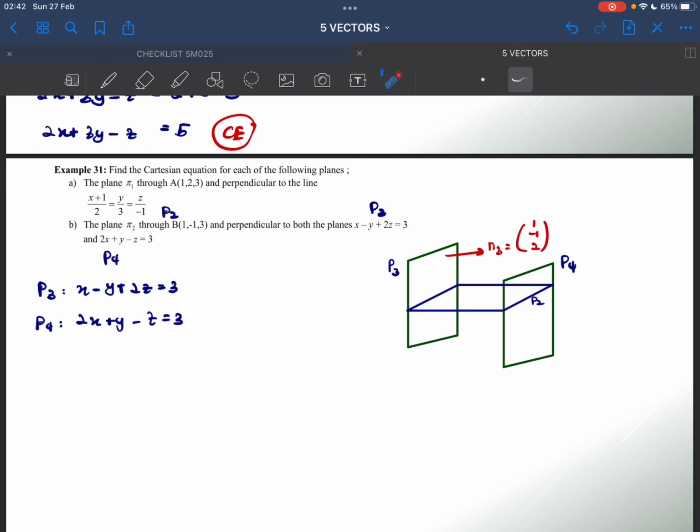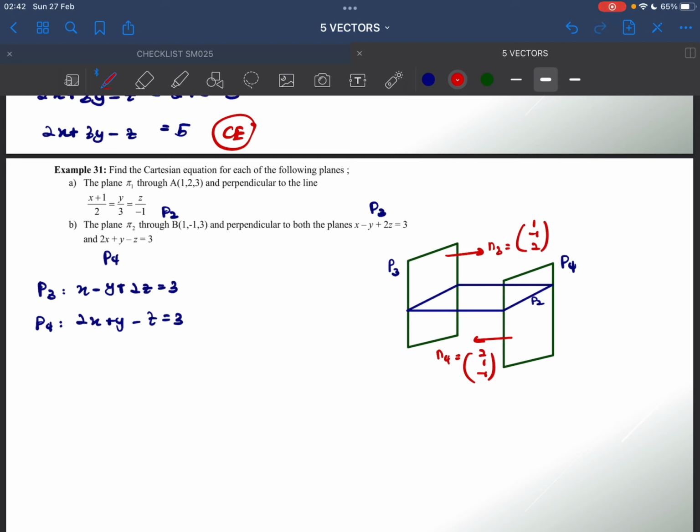How about the normal for 4? Which is also perpendicular to the plane, 90 degrees to the plane. So the plane is like this, so the normal is somewhere here, going in this direction. That is going to be your normal 4, which is equal to 2, 1, -1.